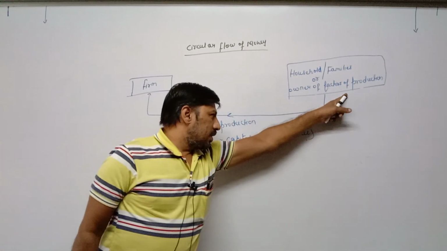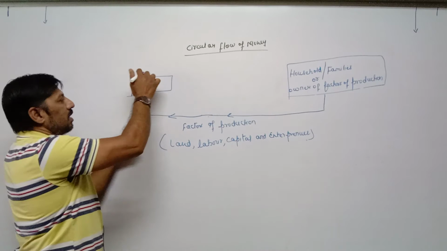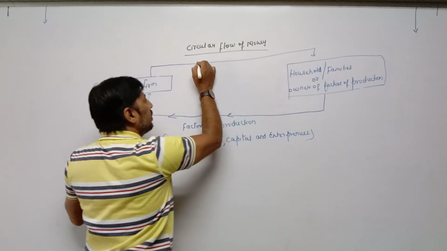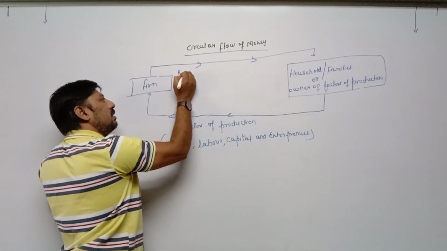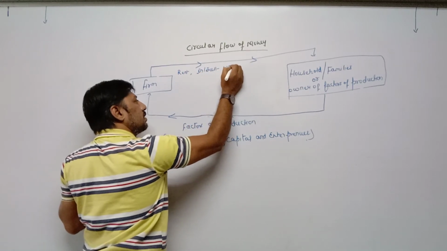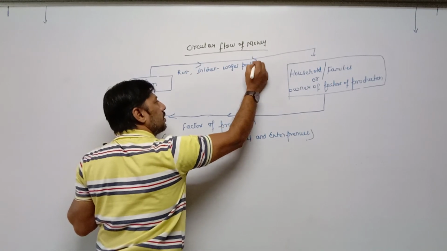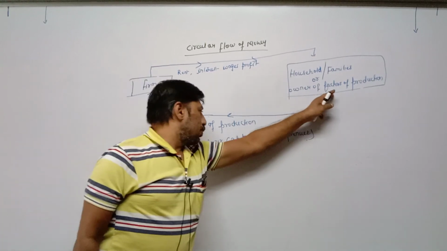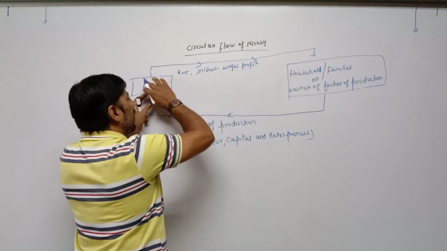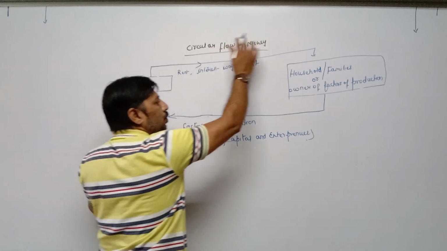So this unit is providing different types of factors of production to firm. Against that, firm is making payment to household in the form of rent, interest, wages and profit. Here rent, interest, wages and profit are paid by firm to these different factors of production. Now money flows from firm to household.